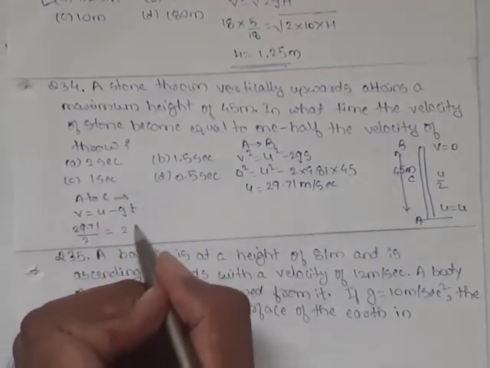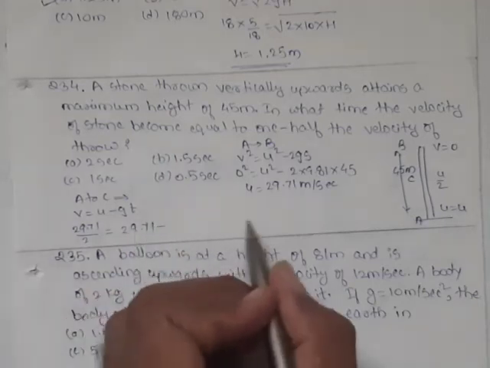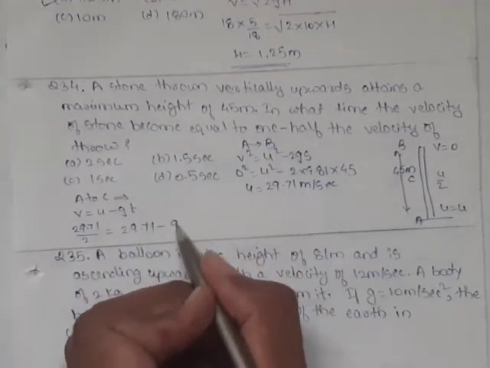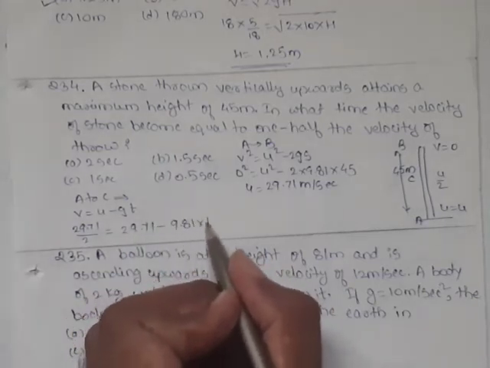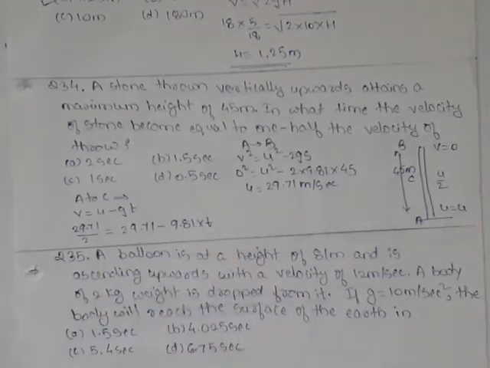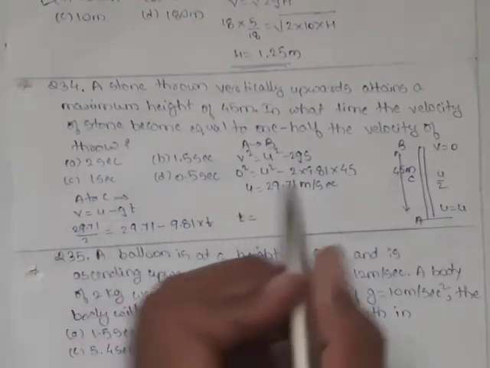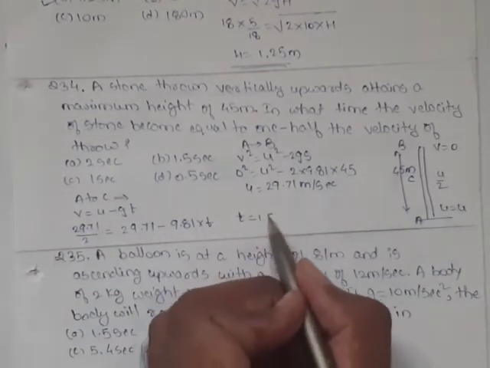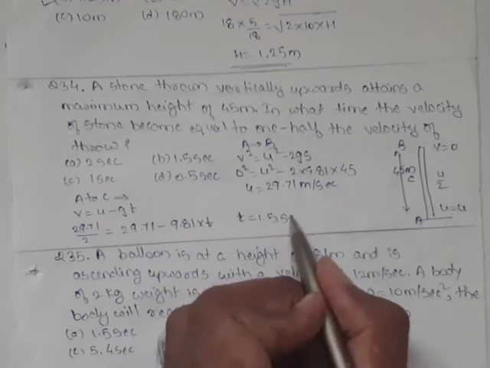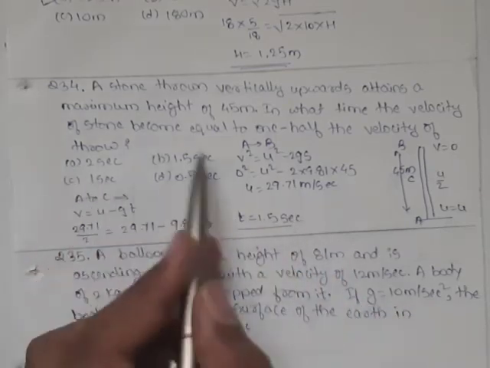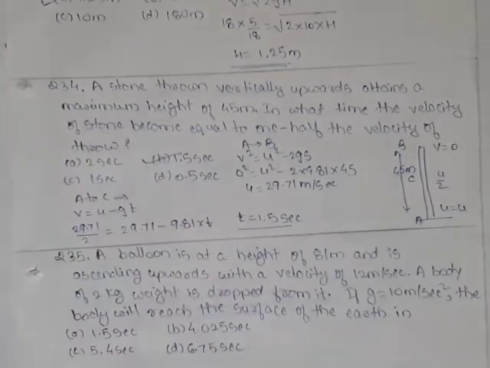Initial velocity is nothing but 29.71. g is taken equal to 9.81. And what is the time required to reach from A to C, where the velocity has become half of the initial velocity? So this time t comes to be, by solving this, 1.5 seconds. So out of the 4 options, option B is correct.